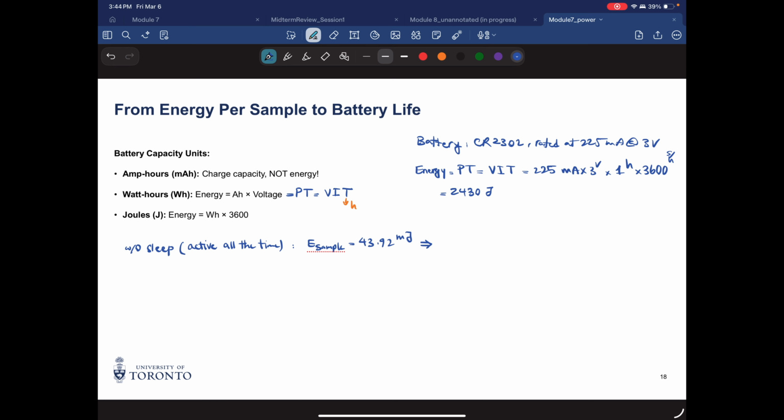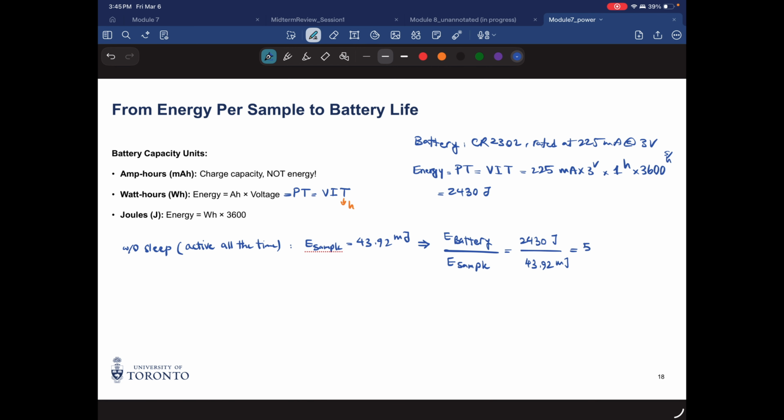The E of battery over the E of each sample is going to be 2430 joules over 43.92 millijoules. That is 2430 over 43.92 multiplied by 1000, about 55,327 samples.